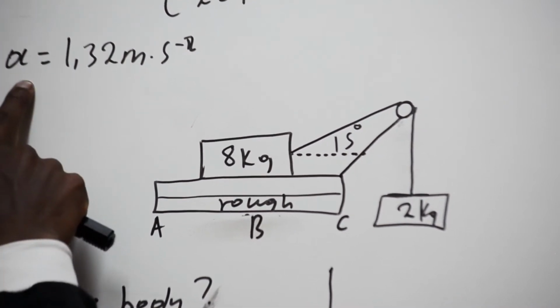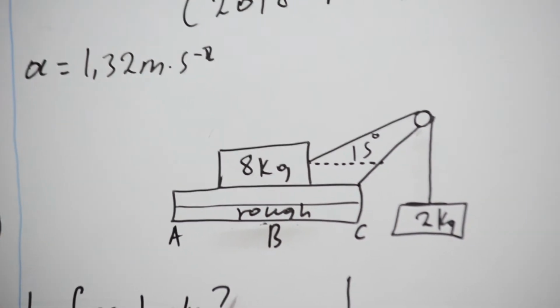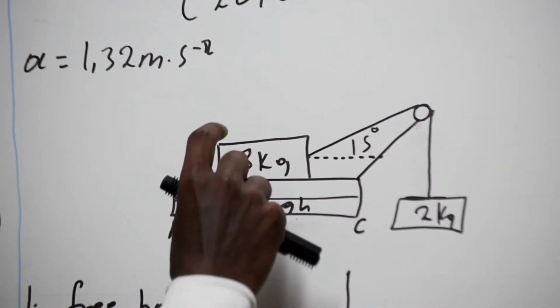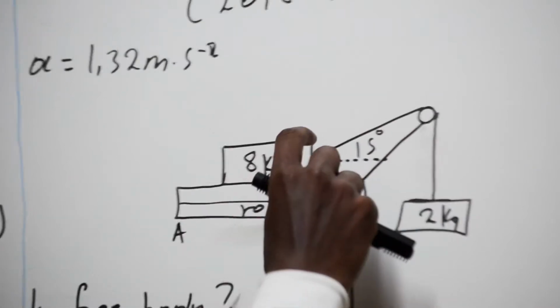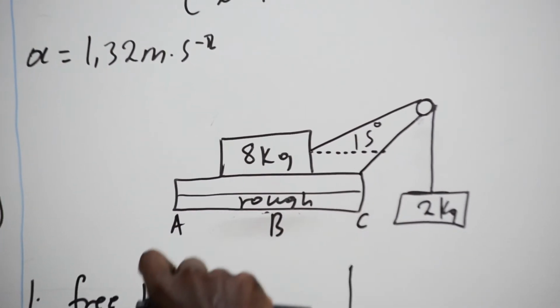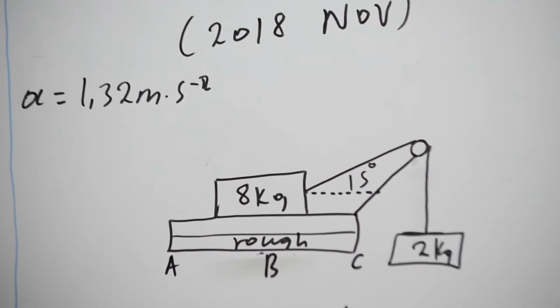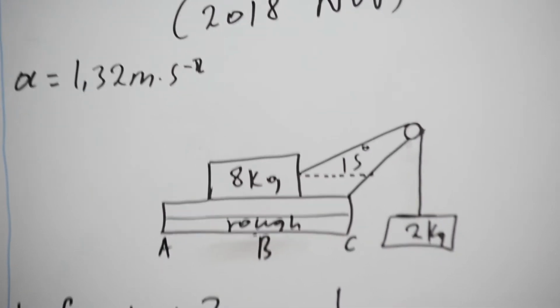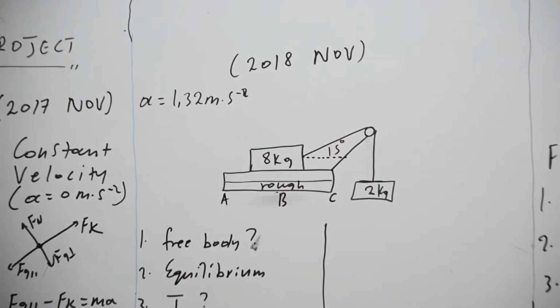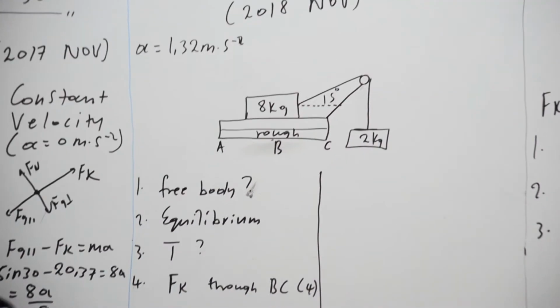So the acceleration at this point is 1.32 meters per second squared. What do you notice? As the block moves, this angle is increasing. If you know maths very well, when theta increases, the y value increases, then the x value decreases. So cos, which is Fx, because Fx is FA cos theta.